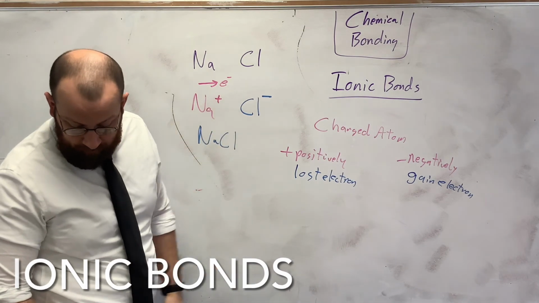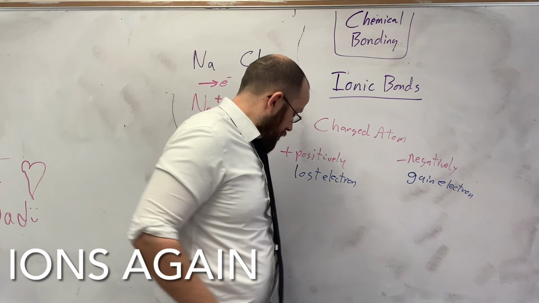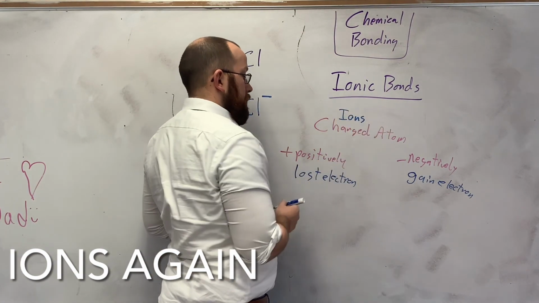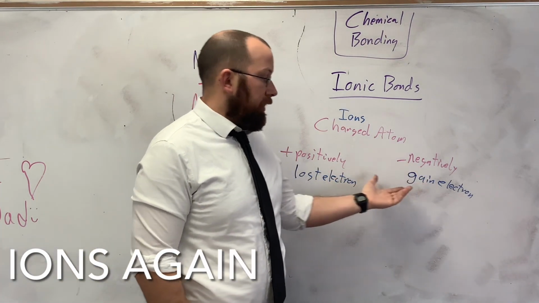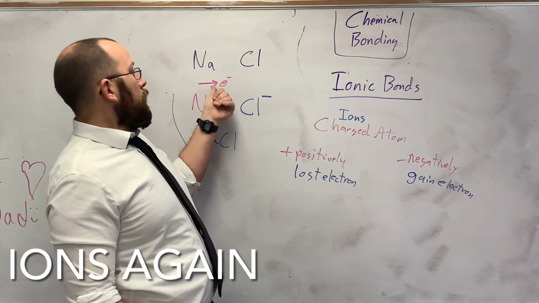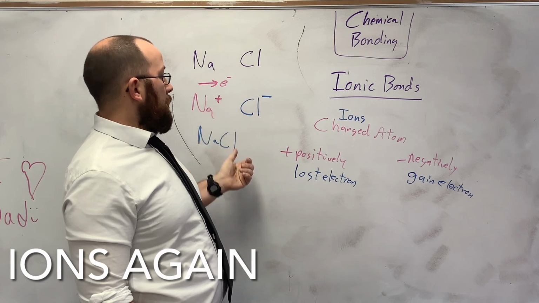Very, very different. All right, just to make sure you understand this, these charged atoms are called ions. To have an ionic bond, you have to have a positively and a negatively charged atom that combine and bond. So one will lose an electron and become positively charged, the other will gain one and become negatively charged.